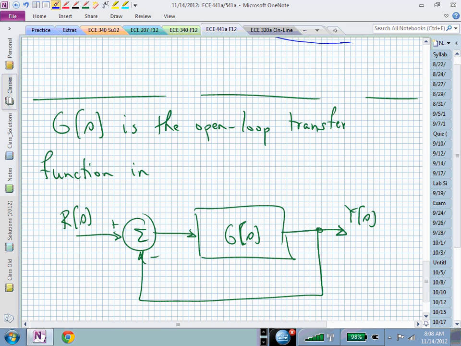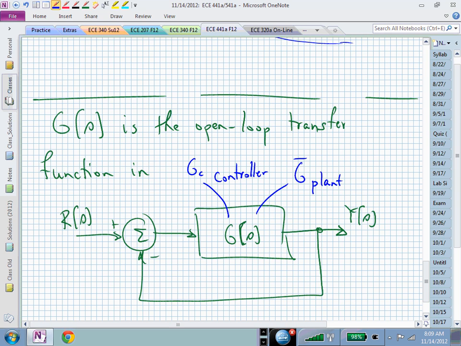Meaning buried inside here could be our plant and our compensator, G sub c, or controller. So I'm consolidating all of those into this open loop transfer function G, and that's now producing this open loop Bode plot or frequency response.